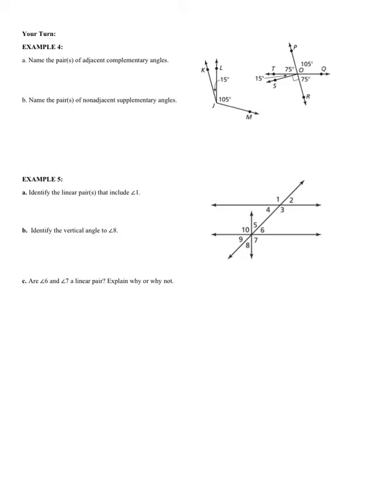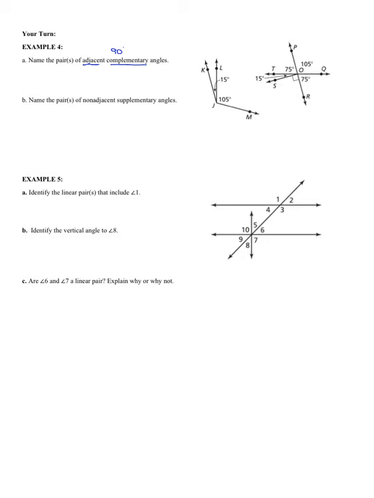So we want to name a pair of adjacent complementary, remember that means the C is they add up to 90 angles. They don't have to be right next to each other, but they could be. And so you might have more than one possibility in here. But we want them to be adjacent.